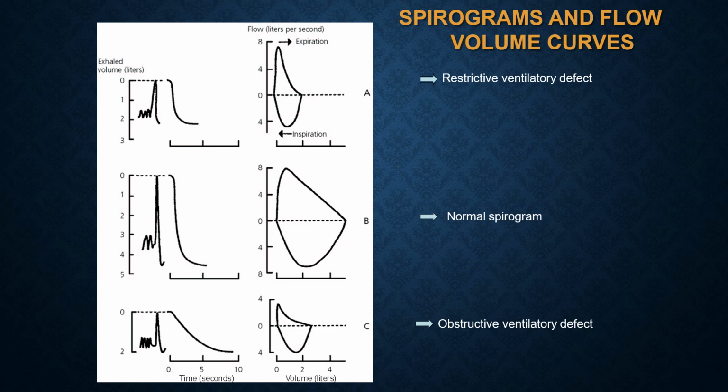And here it is showing the obstructive ventilatory defect. Here we can see that the lung capacity is increased, residual volume is increased, and there is not so steep a rise in the expiration. While exhaling, the curve is also very slow, very long. So this is the difference between restrictive and obstructive. Residual volume is increasing and the FEV1 is decreasing compared to the restrictive.